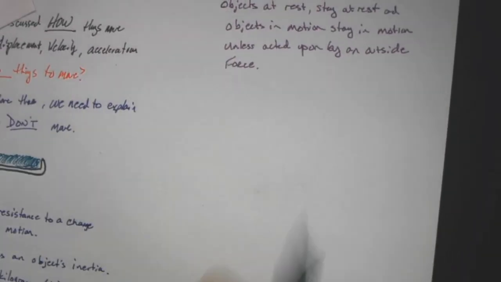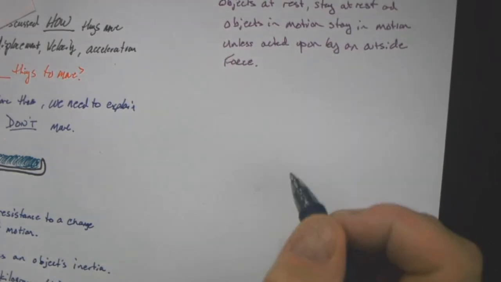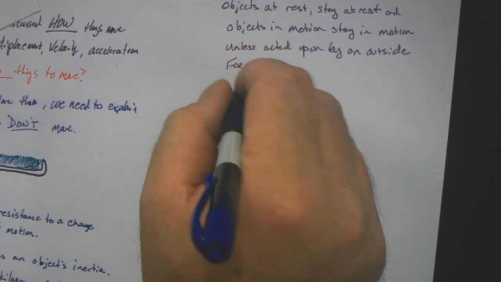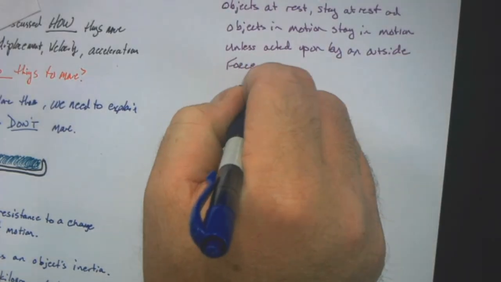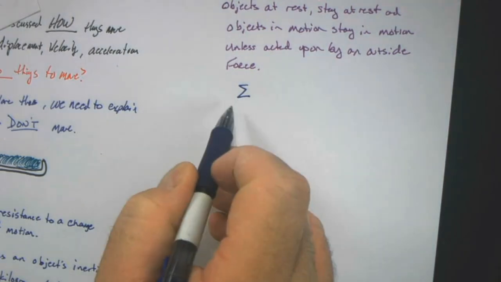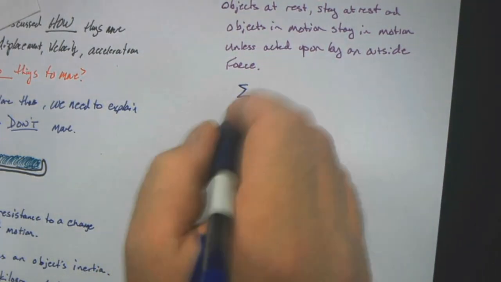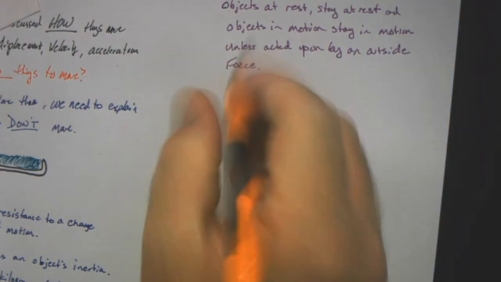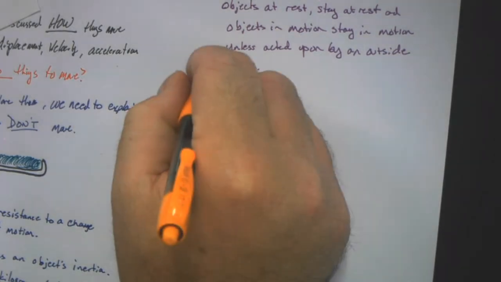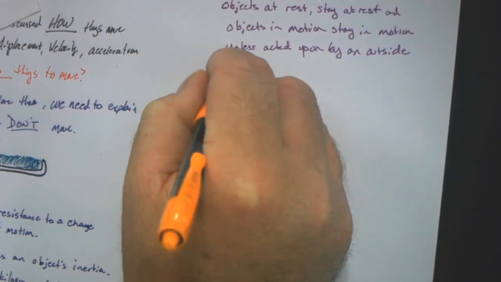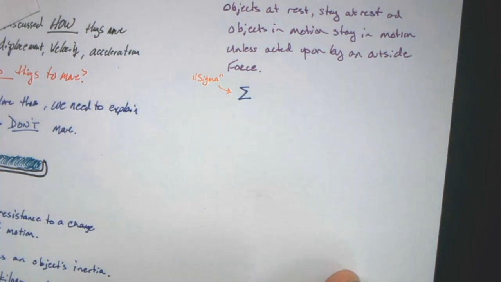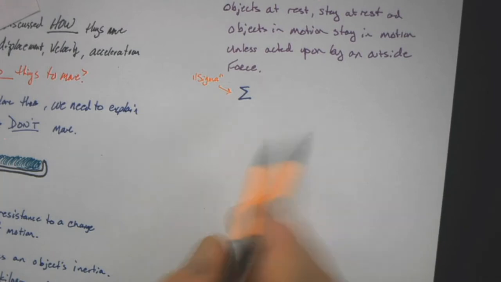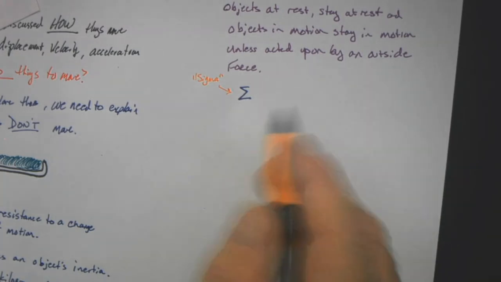Now, this also has an equation that comes with it and some math, and so I need you guys to get the math that we're doing here. Are you guys familiar with this symbol? This is called sigma, and it means the sum of, or you're adding everything that's after it together.